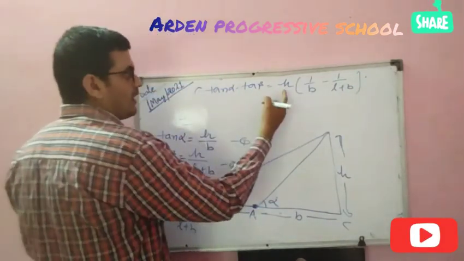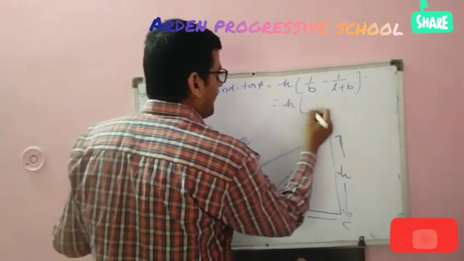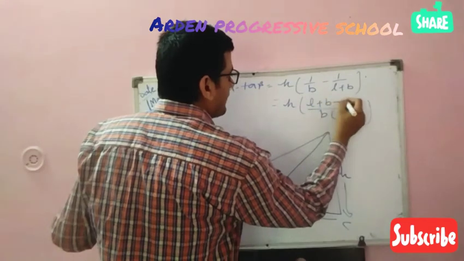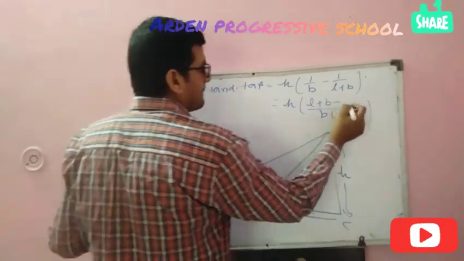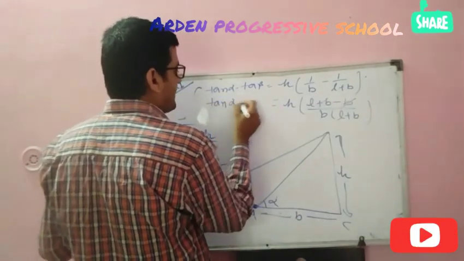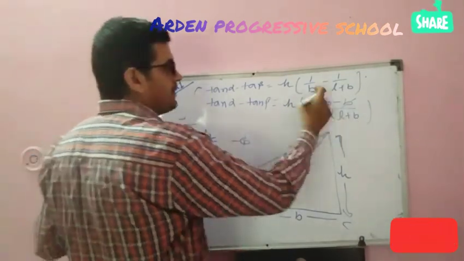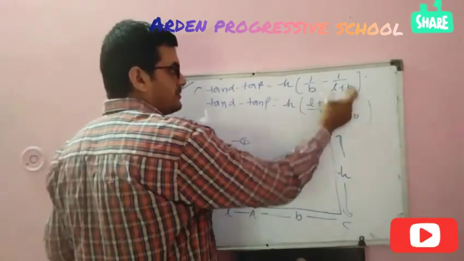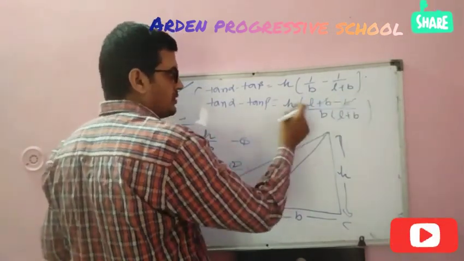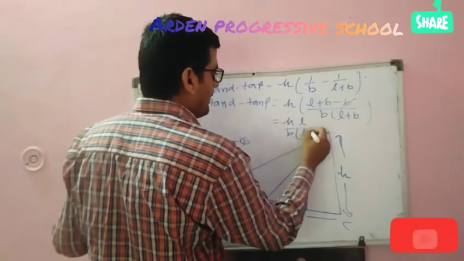Now I have to calculate this. h equals b(L plus b) minus b... tan alpha minus tan beta. What have I done here? I have taken LCM b into L plus b. Here L plus b and here L... here will be b, so you can cancel b by b. What will remain? hL over b into L plus b.